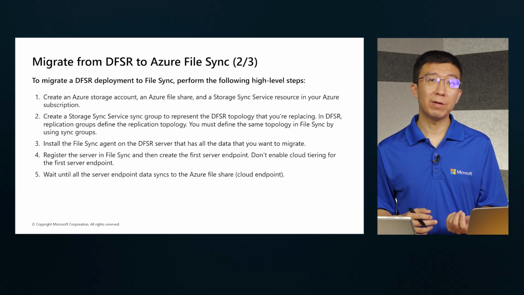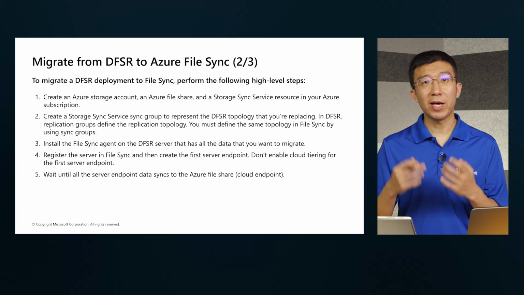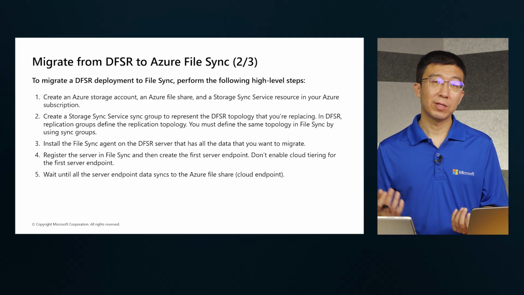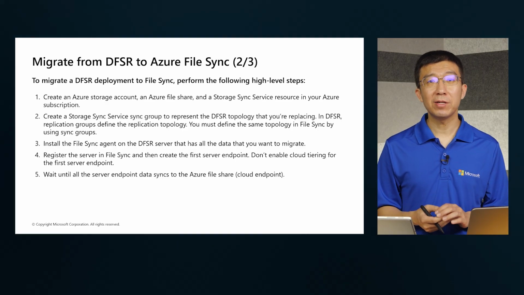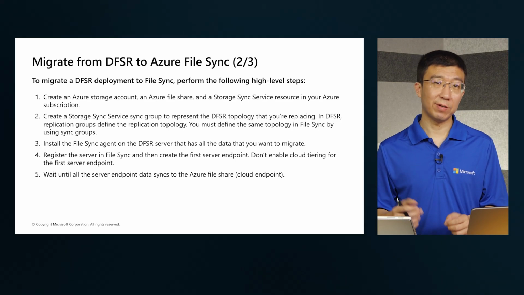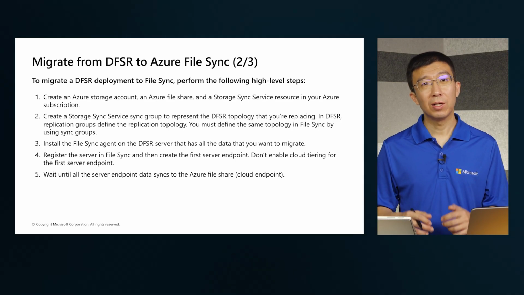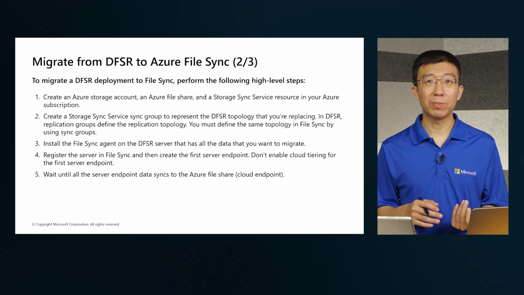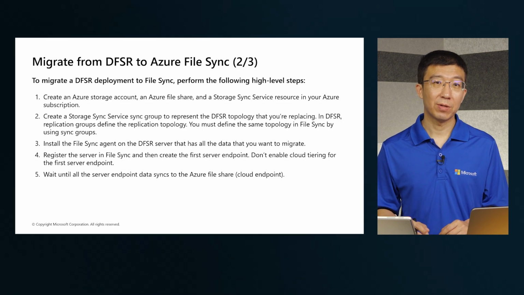To migrate from DFSR to Azure File Sync: 1. Create an Azure storage account, file share, and storage sync service. 2. Create a sync group that matches your DFSR topology. 3.